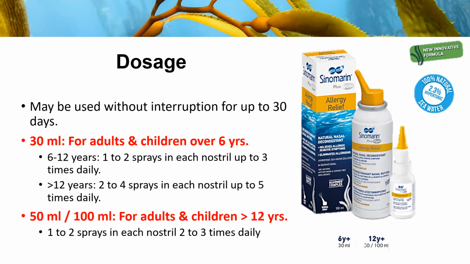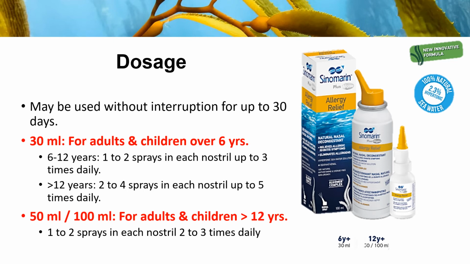This product is available in 30 ml pump pocket spray and 50 ml or 100 ml continuous flow sprays with normal diffusion and are ready to use. Sinomarin plus algae allergy relief may be used for 30 days without interruption.